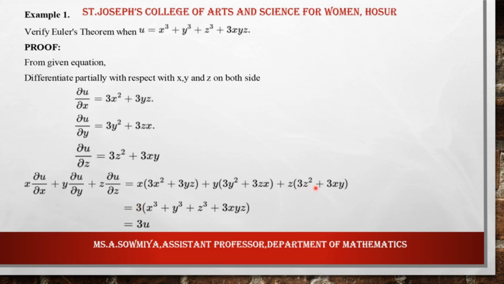In these three terms, we take the common term out. So what we get is 3 into x cube plus y cube plus z cube plus 3 into xyz. In the question, they have given this term as u. So we substitute this term as u. So 3 into u.